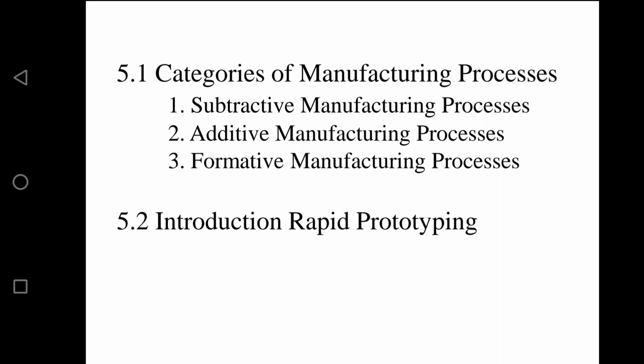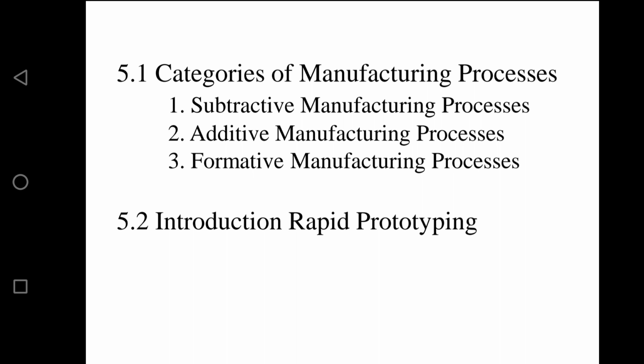Well, the first one is subtractive manufacturing process. So what is subtractive manufacturing process? Well, in subtractive manufacturing, the part is manufactured by removing material. If I have a material and I am removing material from it to get a desired object, then that type of manufacturing process is called subtractive manufacturing process. So what are the examples? Well, you worked on a lathe machine.